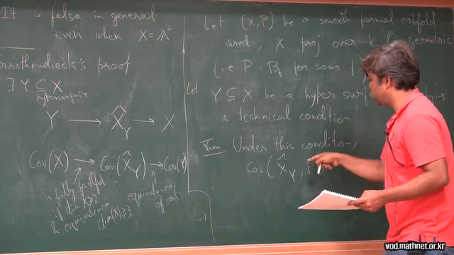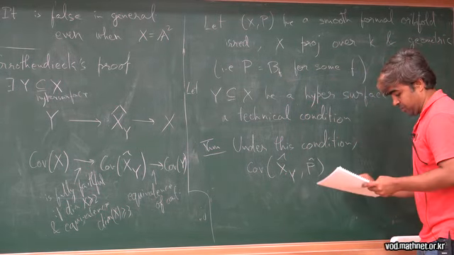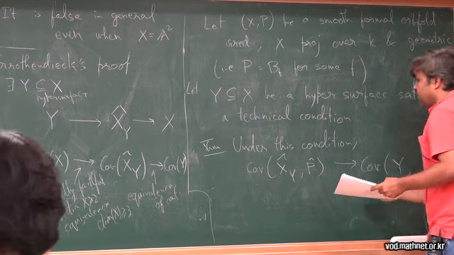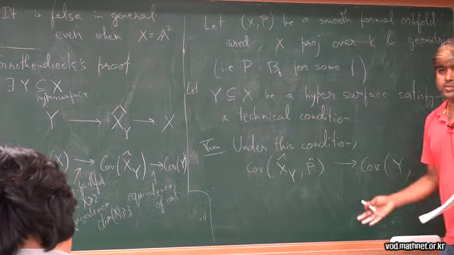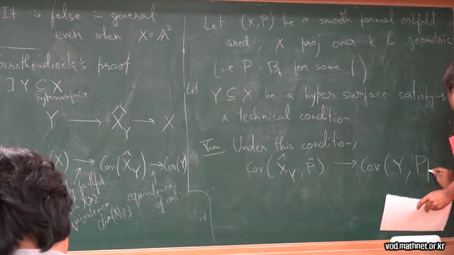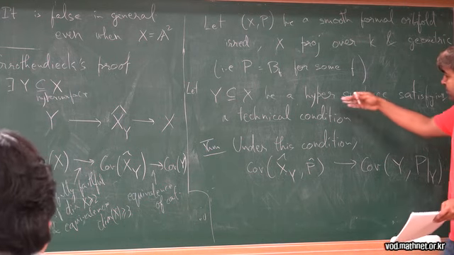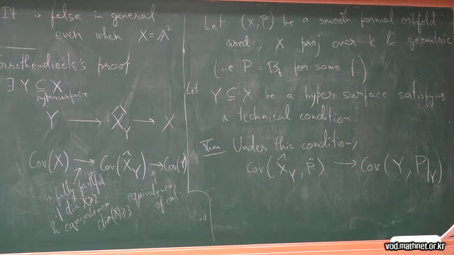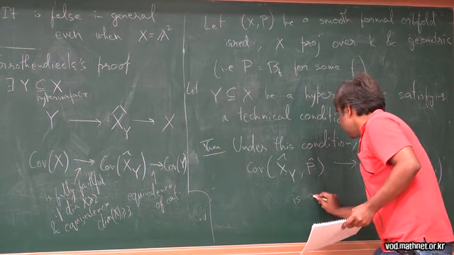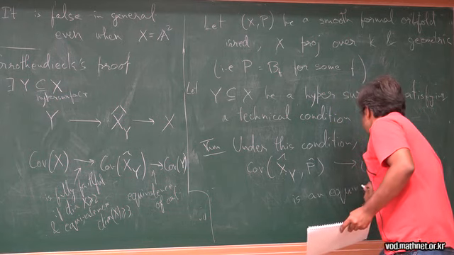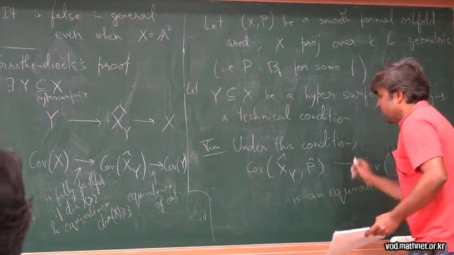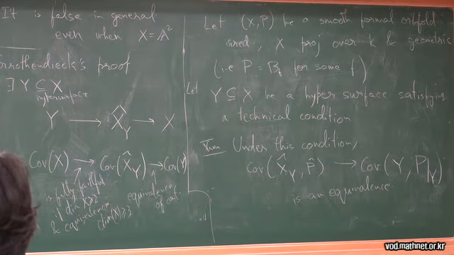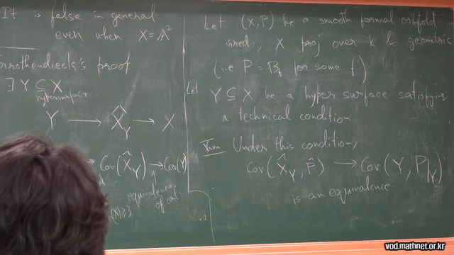So there is an induced branch data on this, which I denote by p hat, to curve Y, and you can always restrict a branch data to a subspace, at least a hypersurface of this kind you can restrict it. So this is an equivalence. Okay. So one has to do some work to get this, but.